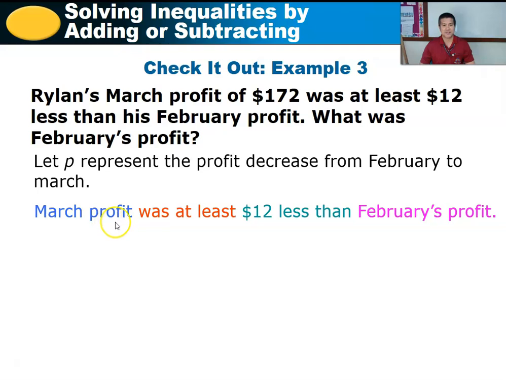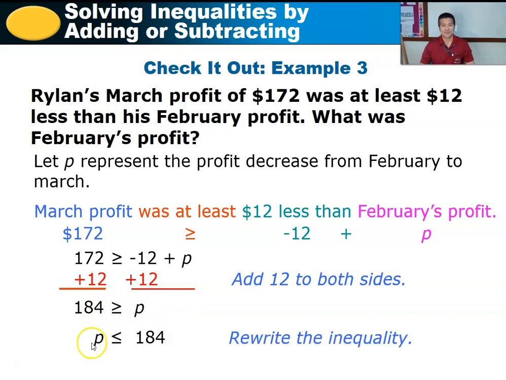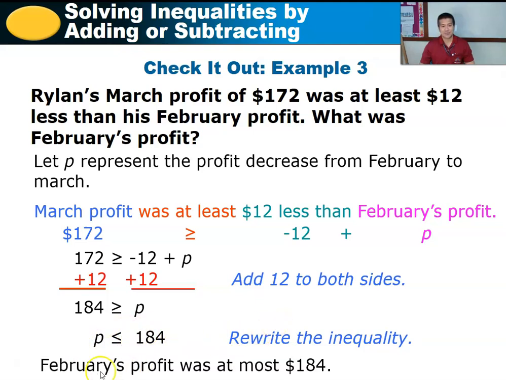So 172 was at least, meaning greater than or equal to, negative 12 plus P. So 172 greater than or equal to negative 12 plus P. Then we add 12 to both sides, and you will have 184 greater than or equal to P, or we can rewrite as P less than or equal to 184. So February's profit was at most $184.